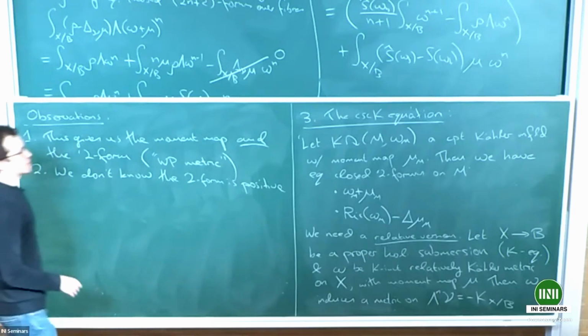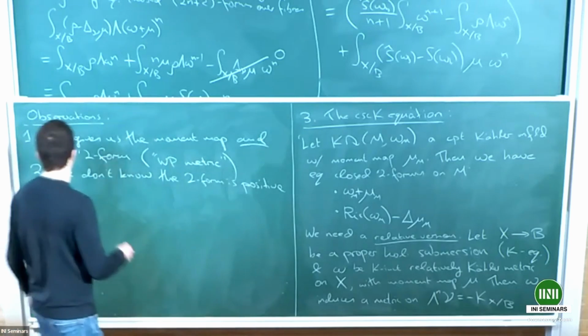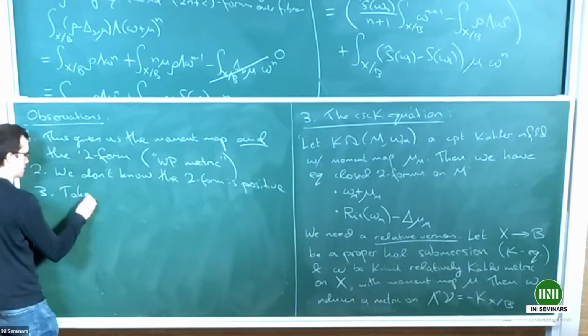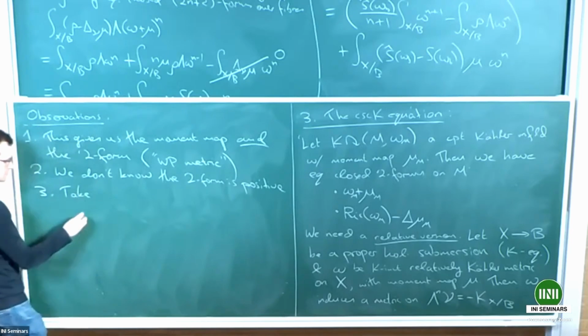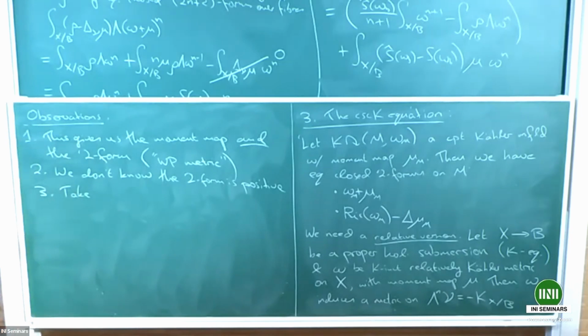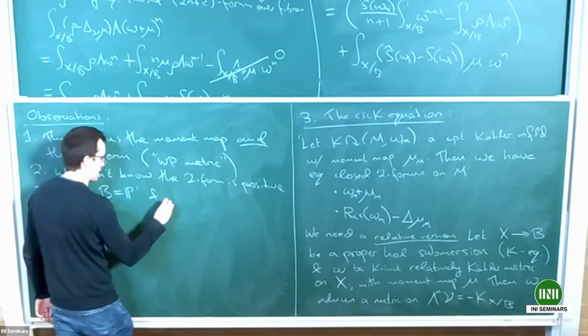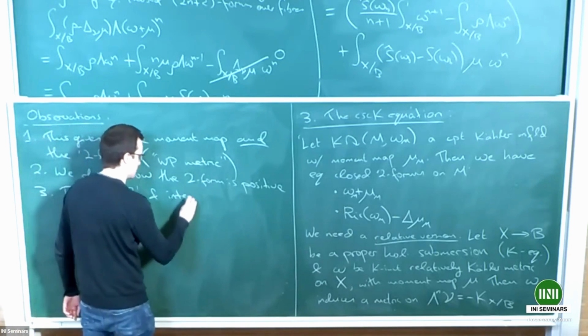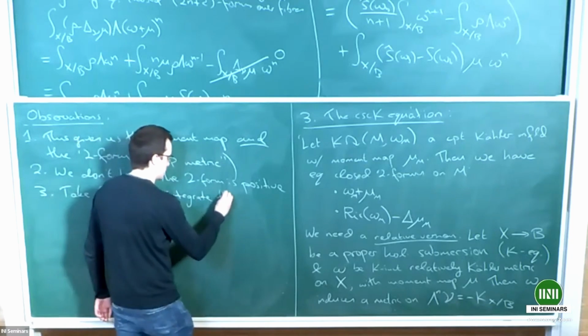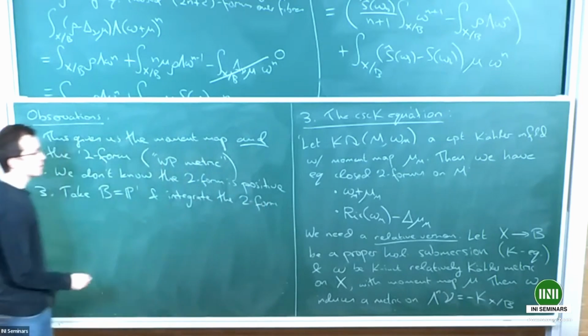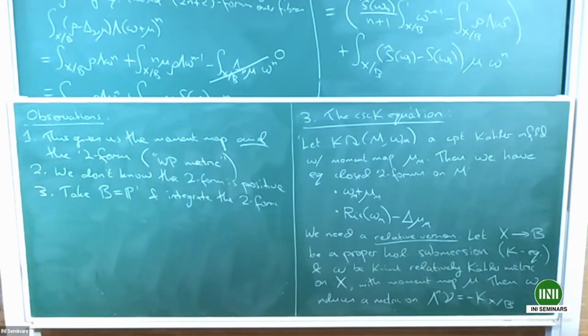What other information can we glean from this? Well, notice that if we take B equal to P1 and integrate the two forms, we get the Donaldson-Futaki invariant.